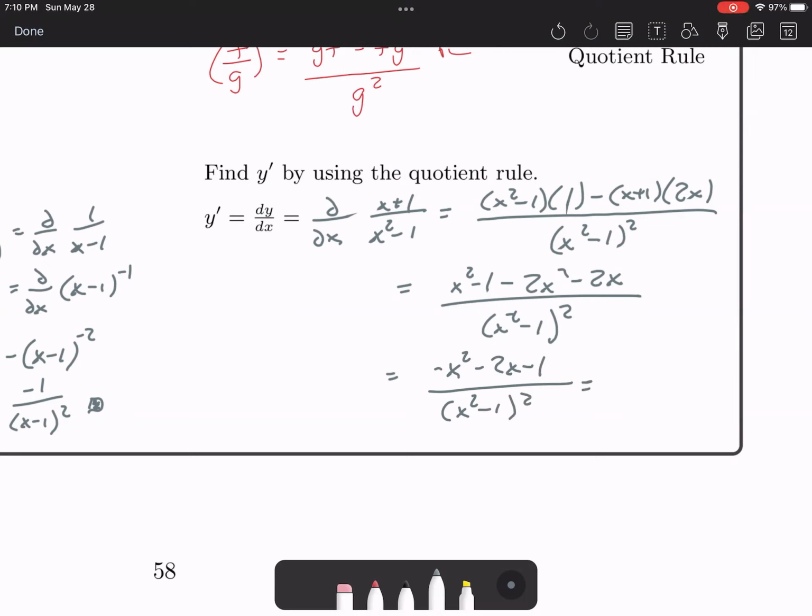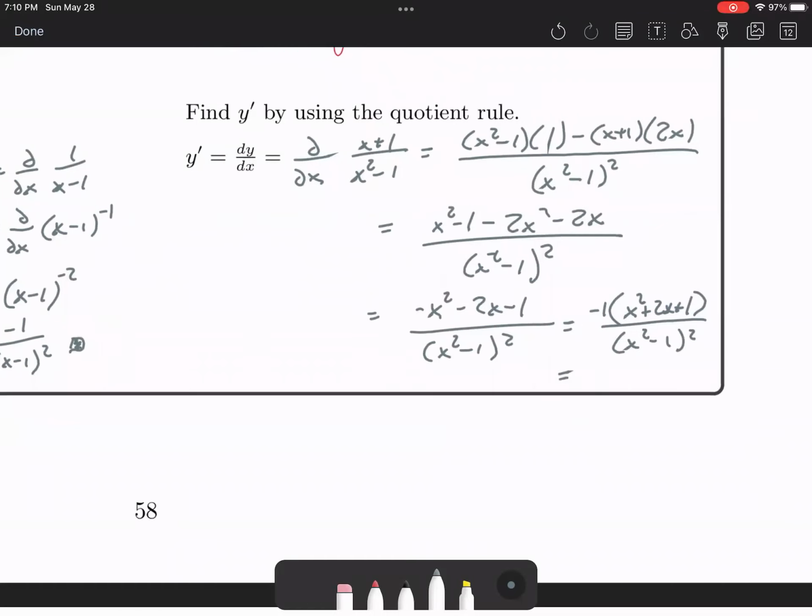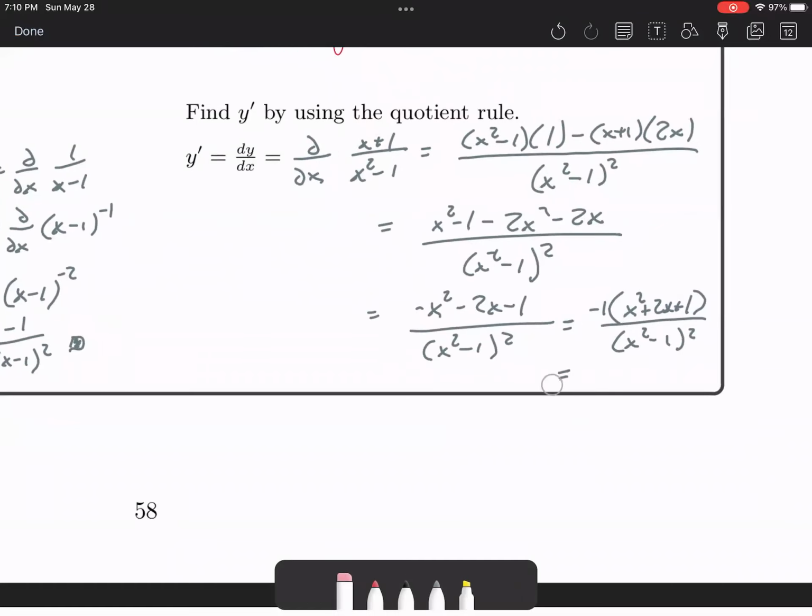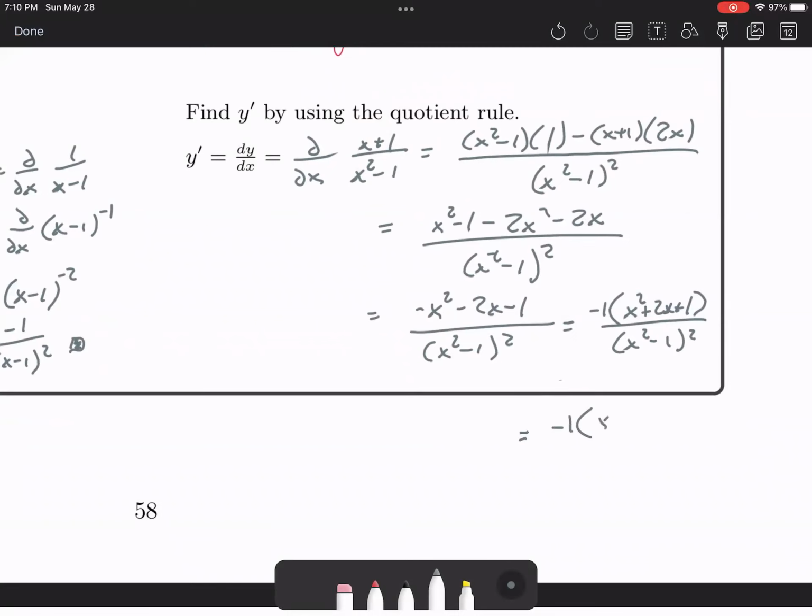Hopefully we can recover this. If I take a negative 1 out of that numerator, I get x squared plus 2x plus 1 over x squared minus 1 squared. And that's a little bit more obvious to me. This is minus 1 times x plus 1, x plus 1.